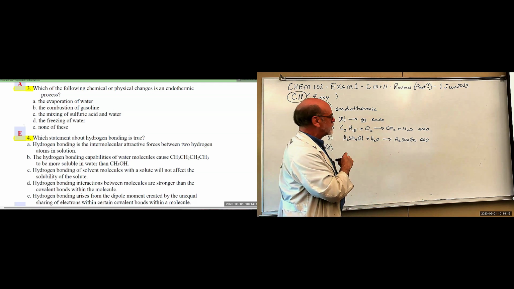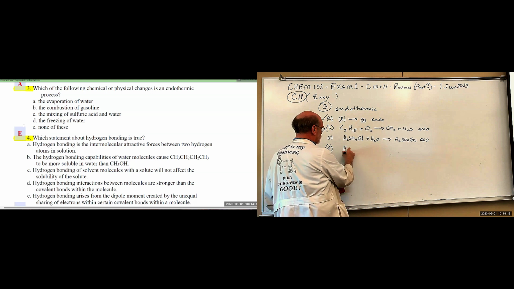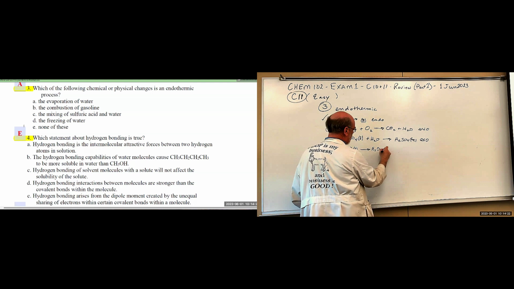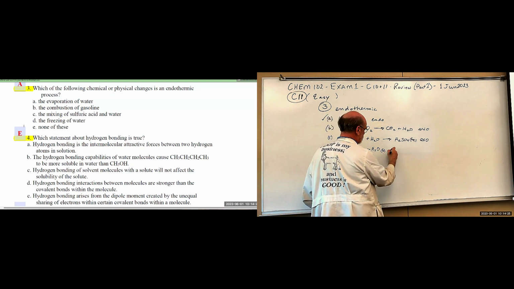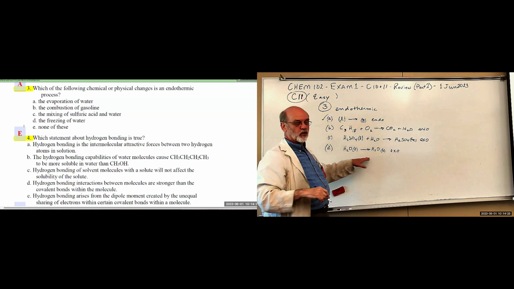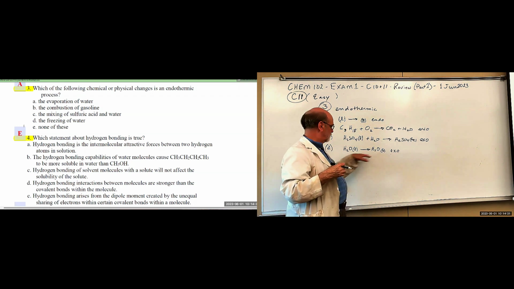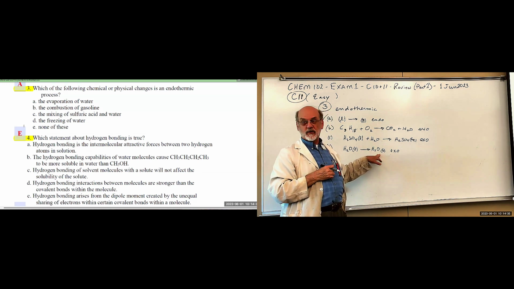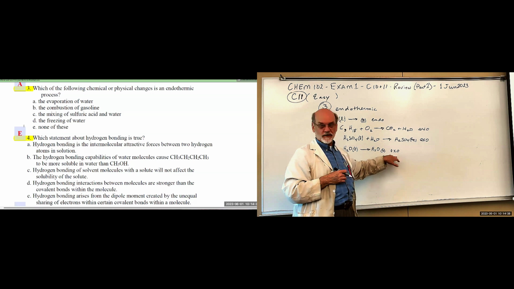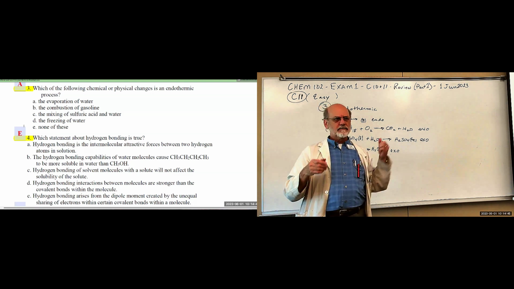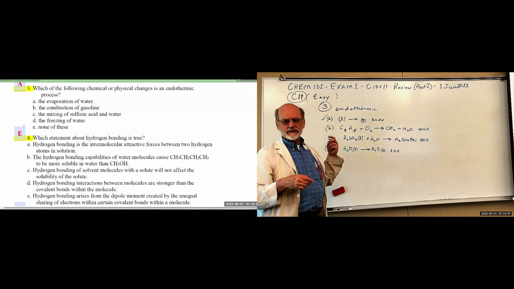And D, the freezing of water. So water, liquid, going to water, solid, is an exothermic process. It's becoming more ordered, a lower energy state, so the energy's got to go somewhere. It goes out. It's exothermic. And you may see that today. I think I explained that last Tuesday.